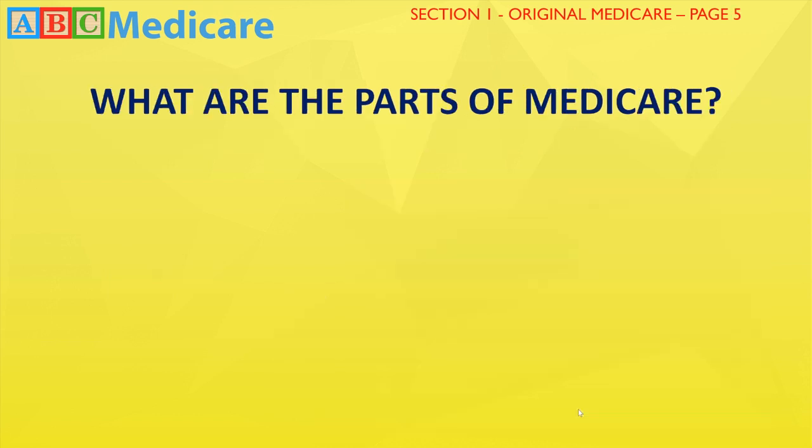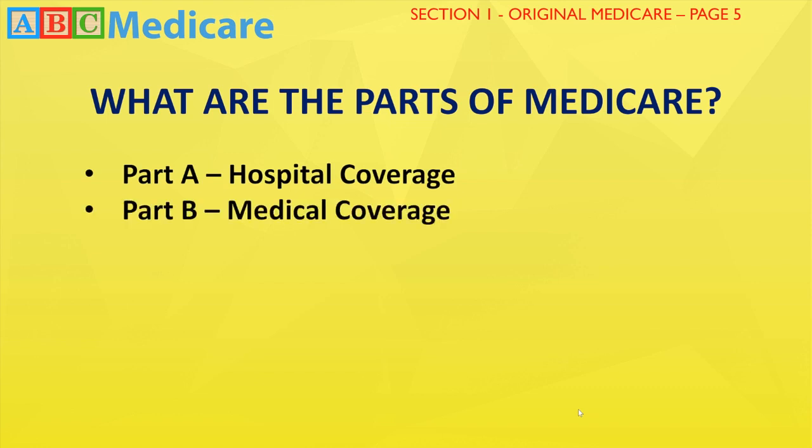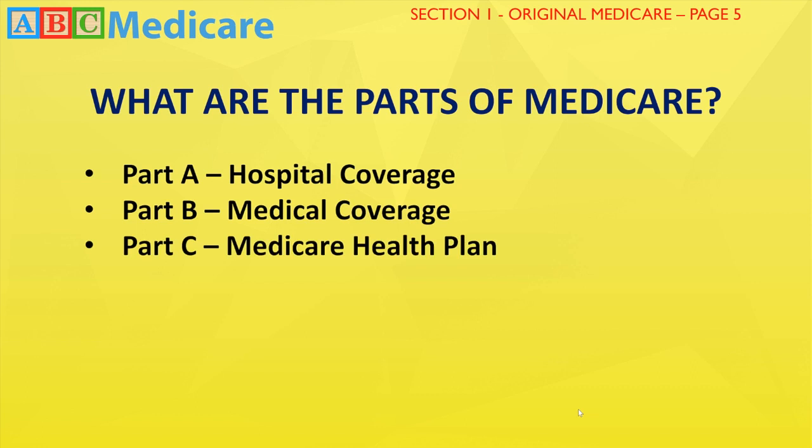So what are the parts of Medicare? Part A, which is hospital coverage, is part of Original Medicare. Part B, which is medical coverage, that's also part of Original Medicare. And then Part C is a Medicare health plan, also known as a Medicare Advantage plan. And there are several types of Medicare Advantage plans that you'll be learning about.